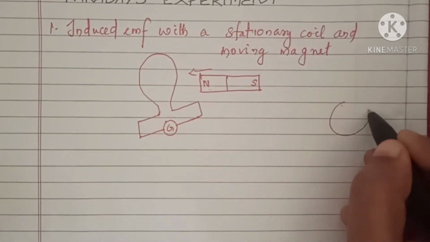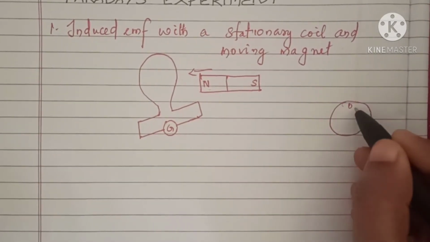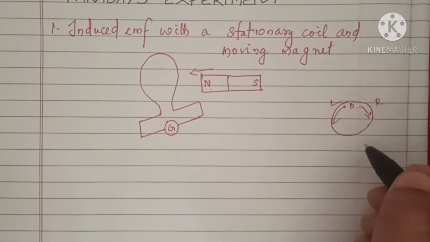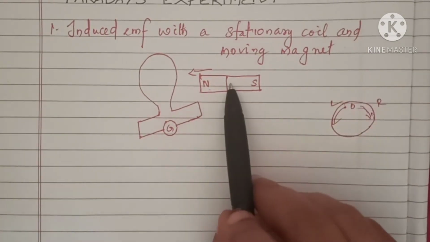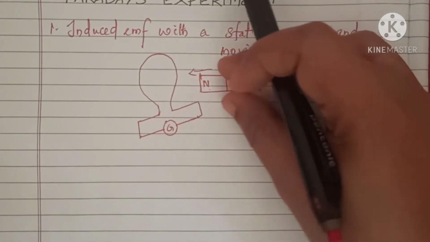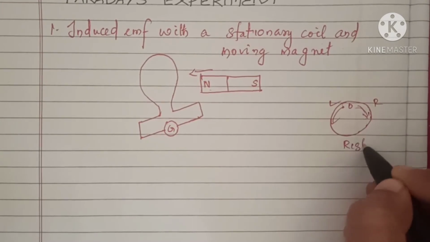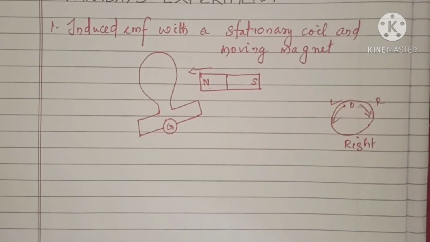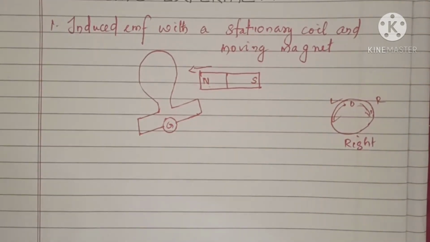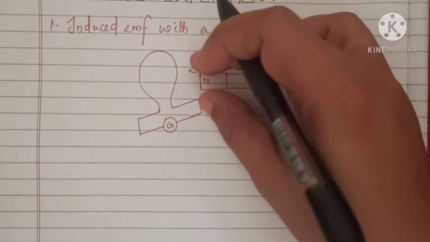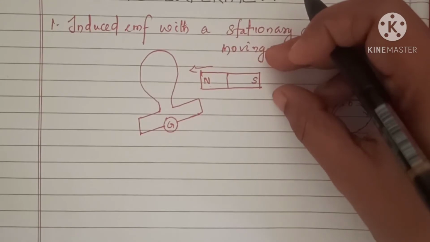You know, in the galvanometer, here it will be 0, and the needle can move towards the right side and the left side. So suppose when you move the north pole towards the coil, the deflection is towards the right. This is the first case. Now, secondly, you are moving this magnet back, away from the coil.